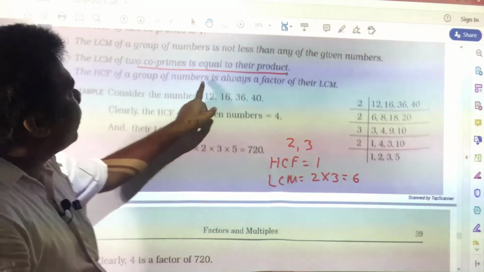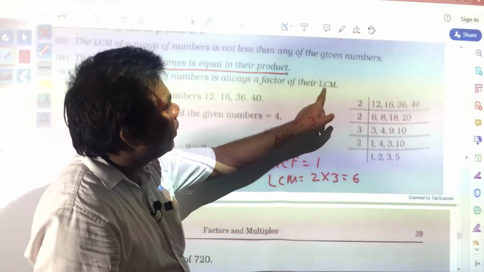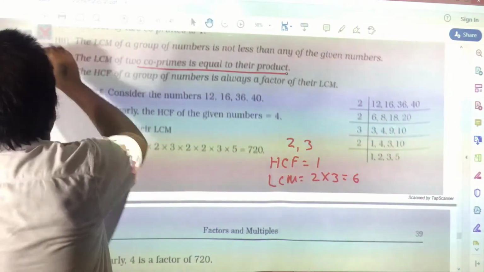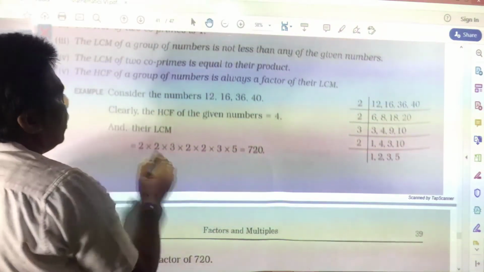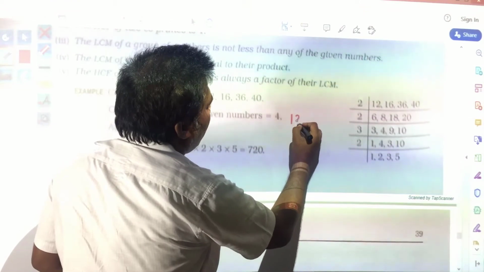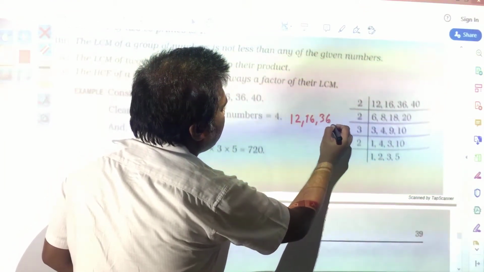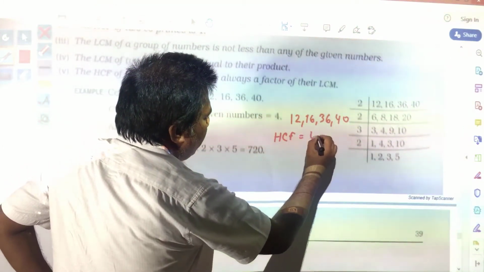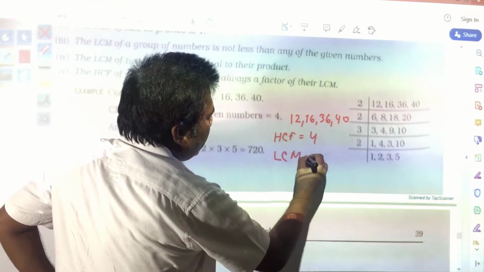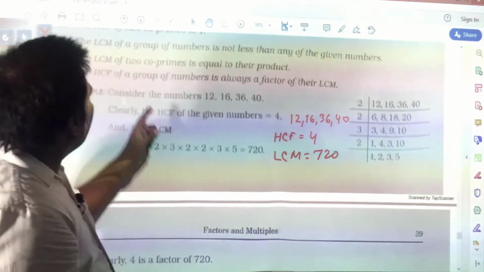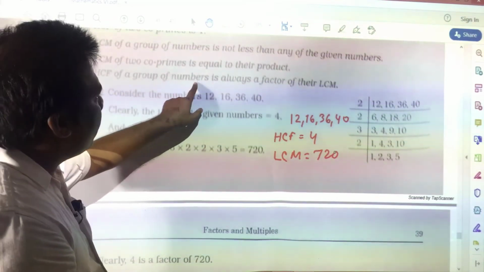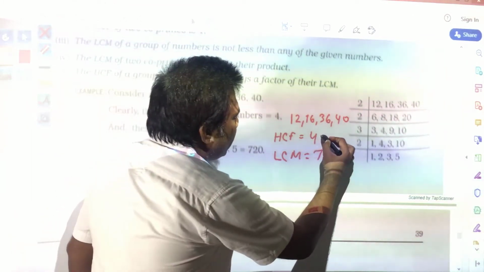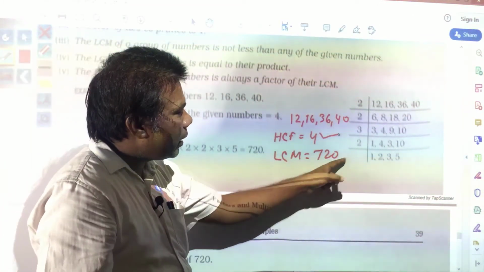The HCF of a group of numbers is always a factor of their LCM. This you need to remember. Here, in the same example of 12, 16, 36 and 40, we found the HCF as 4 and the LCM as 720. The HCF of a group of numbers is always a factor of their LCM, so 4 will always be a factor of 720.